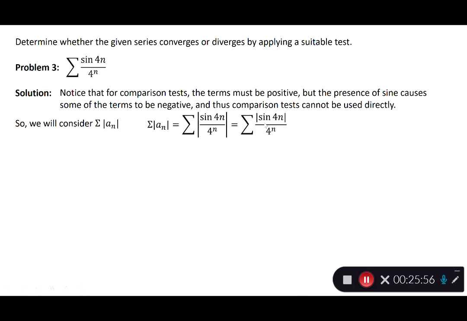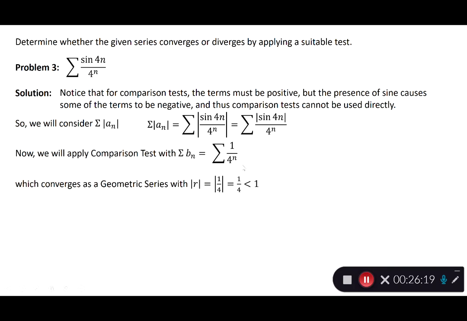But now, could we apply comparison test to the sigma absolute value of a sub n? And the answer is yes, we can, because this is definitely a series with positive terms only. So we'll apply comparison test with sigma b sub n, like I said, sigma 1 over 4 to the n, which is a geometric series with absolute value of r is 1/4, which is less than 1, and therefore that geometric series converges.